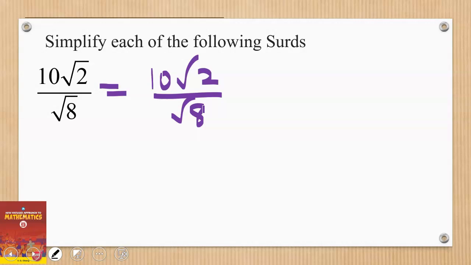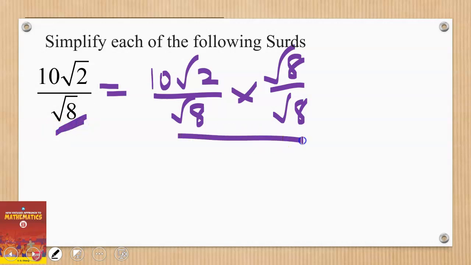But for now, let me multiply by root 8 over root 8. Remember that whatever is here and whatever is here are the same. Nothing has changed, because if I divide root 8 over root 8, I will get 1. And 1 times whatever is here will give me just the same as what we see here. So now we can simplify.